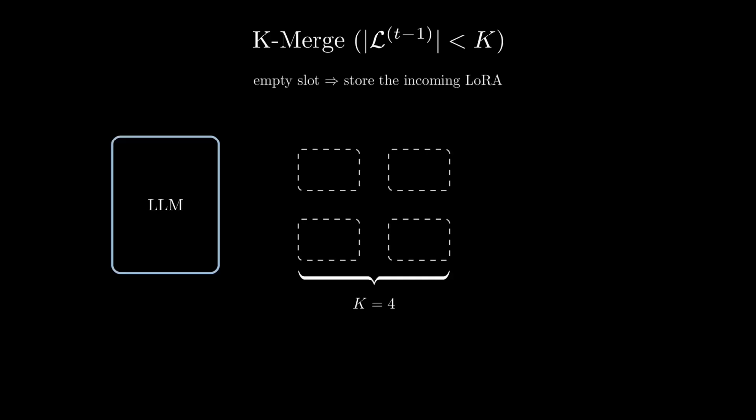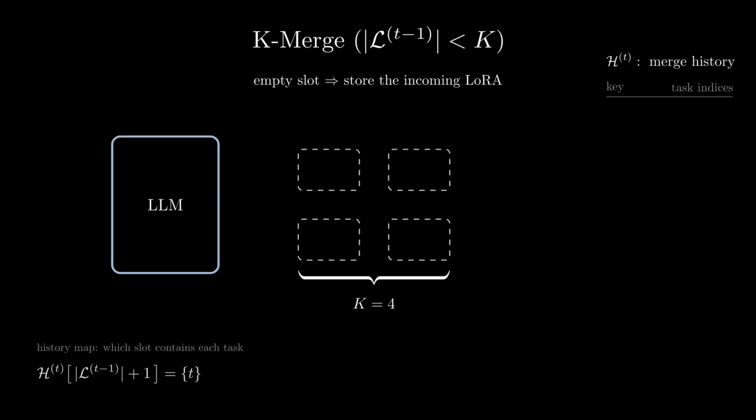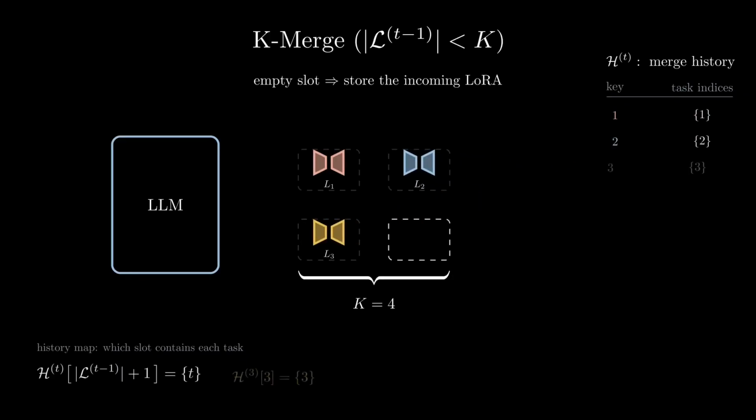In the example shown, we consider a storage budget K equal to 4 with no initial adapters. When a slot is empty, we store the incoming LoRA in an empty space, and repeat it until all slots are full. Each time we store a LoRA, we record where it went in a merge history metadata.